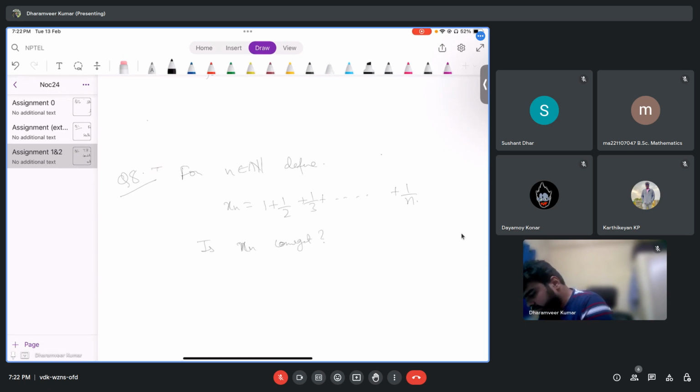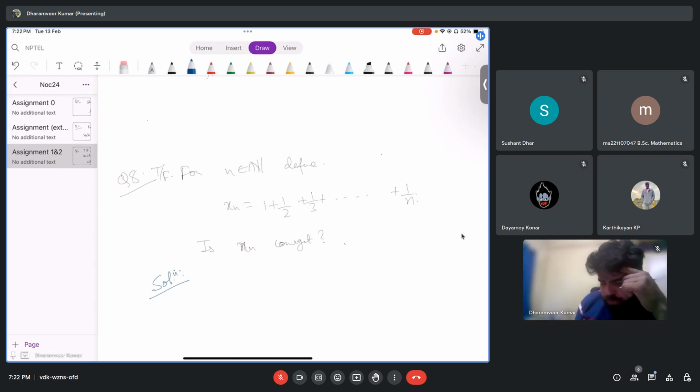Again, a true false question. Can you tell me why? This is basically a harmonic sum.